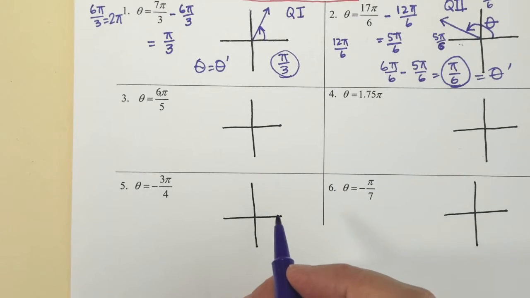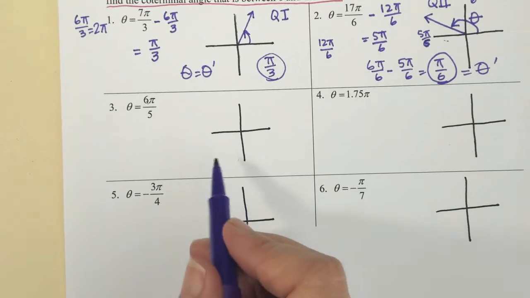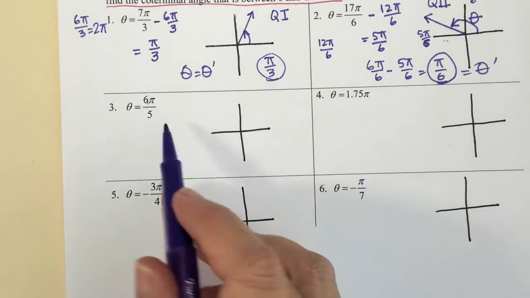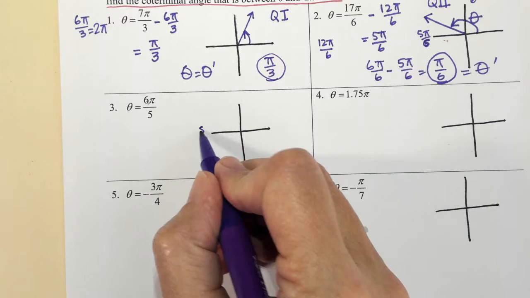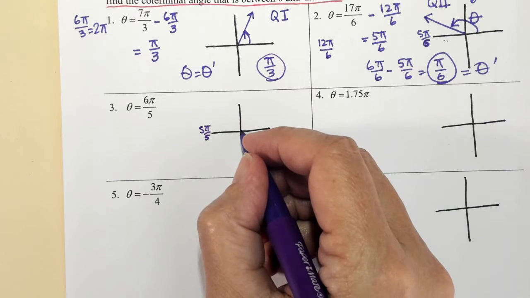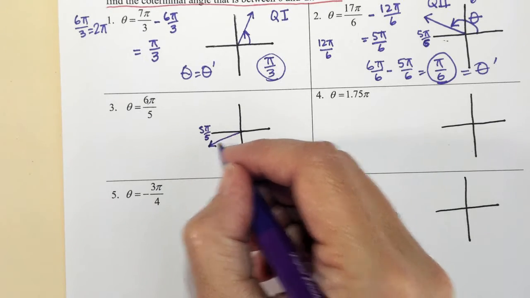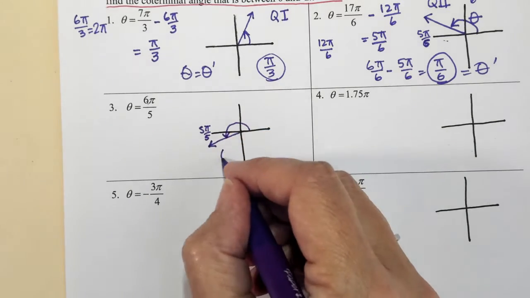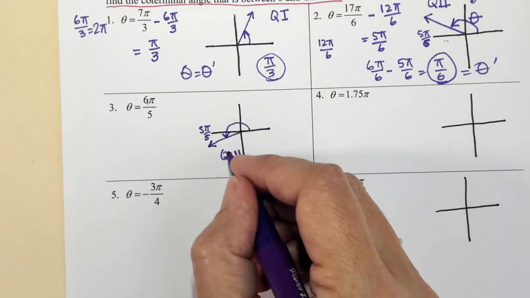Okay, for number 3, we have 6 pi over 5. So 6 pi over 5, here is 5 pi over 5. So 6/5 pi is going to be a little bit more than that, so it's going to fall in quadrant 3.